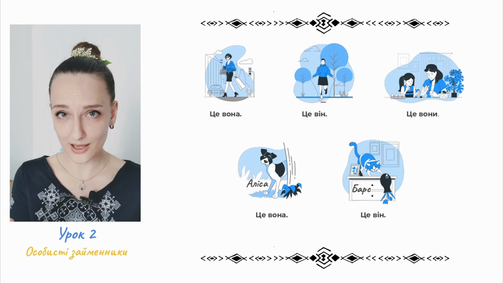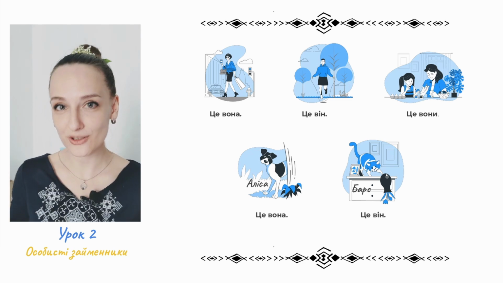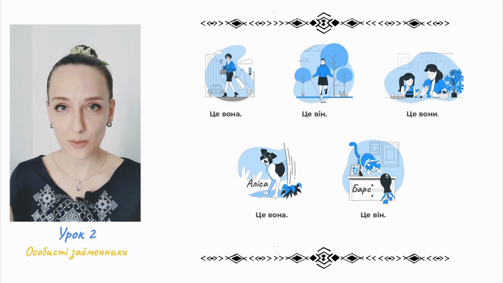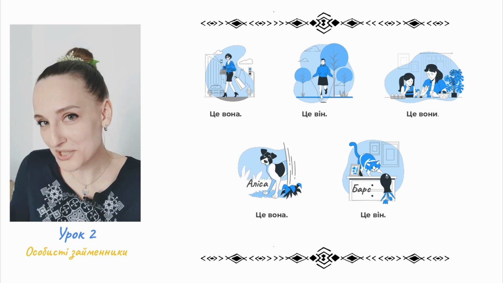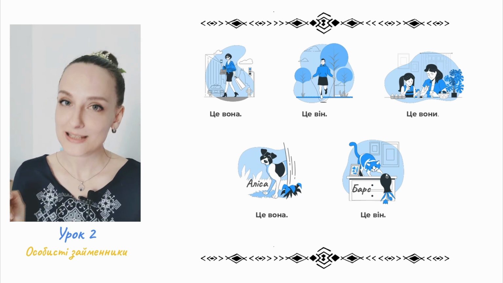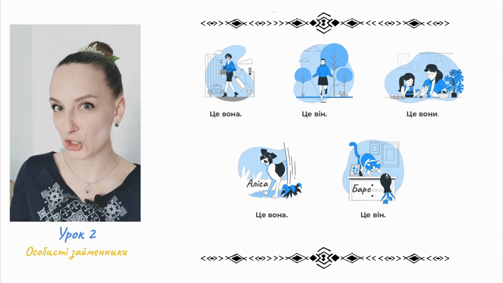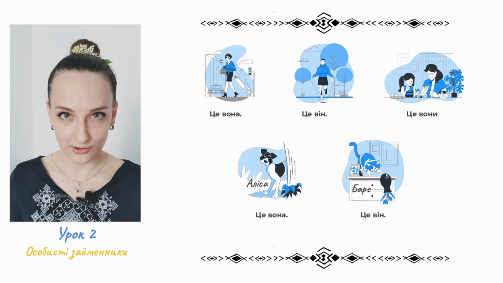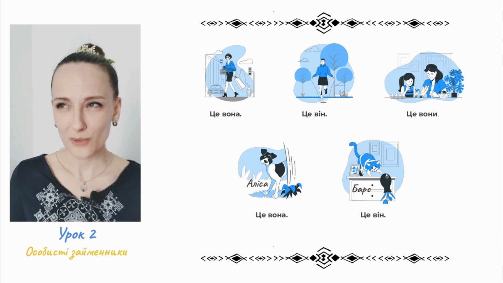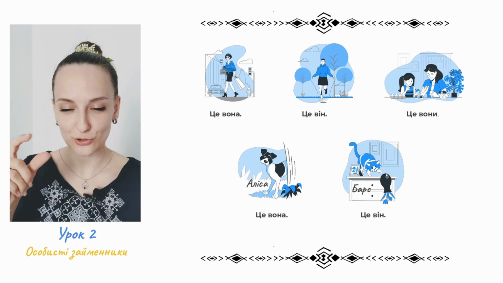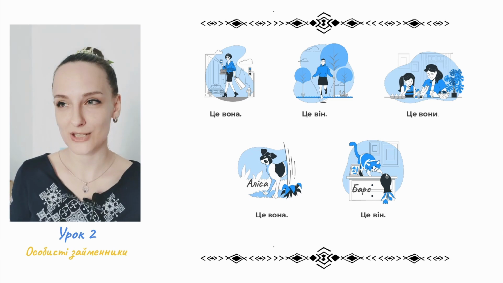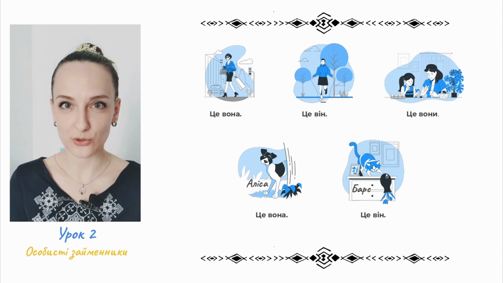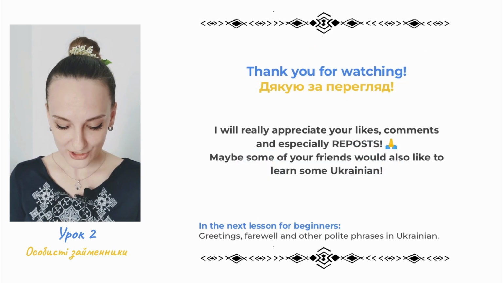Alisa is a feminine name, so we say this dog is a girl, so we will say це вона. And the cat has the name Барс, which is a masculine name, and we would say це він. This is he. As I said, about animals, we don't use it in Ukrainian. We don't say воно. Well, sometimes we do, especially for tiny kids, tiny cubs of animals, but usually no, especially about the pets. So this is it.